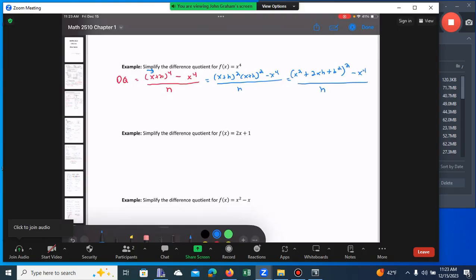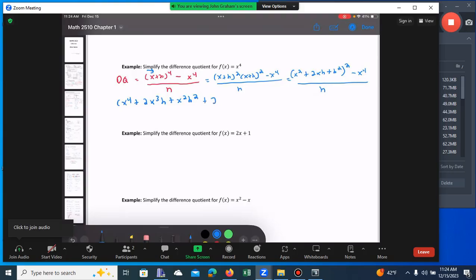And then we have to multiply out that x squared plus 2xh plus h squared, FOIL it with itself. So it will become x to the fourth plus 2x to the third h plus x squared h squared. That's multiplying the x squared by all three. And the 2xh has to be multiplied by all three.